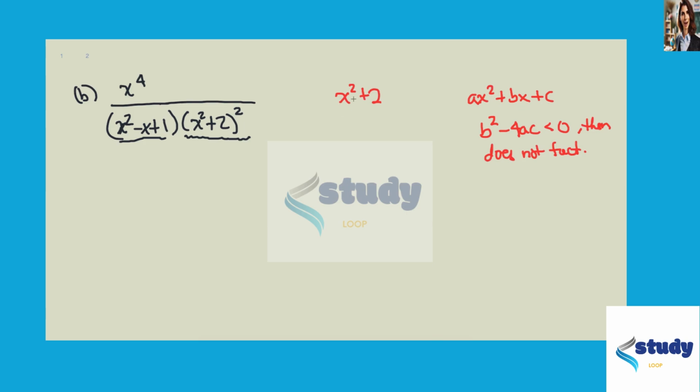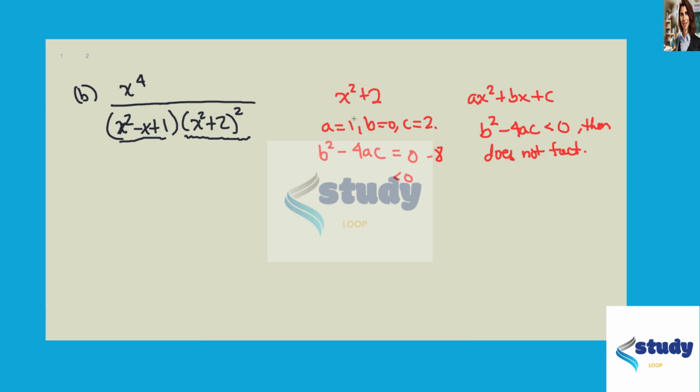So for this polynomial, x squared plus 2, we have a equals 1, b equals 0, c equals 2, and we see that b squared minus 4ac will just be 0 minus 4 times 1 times 2. So minus 8, which is less than 0. So this will not factor.